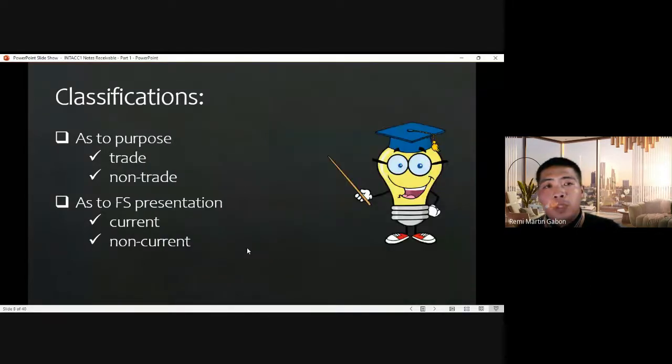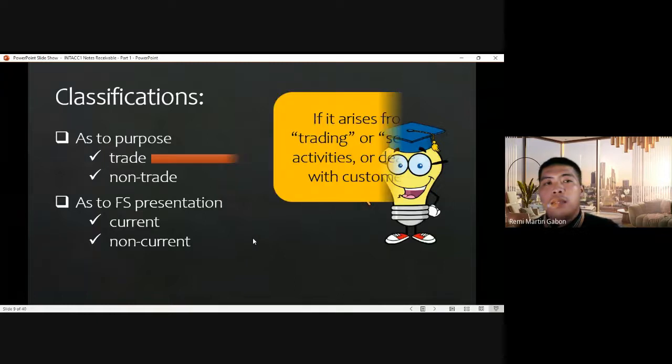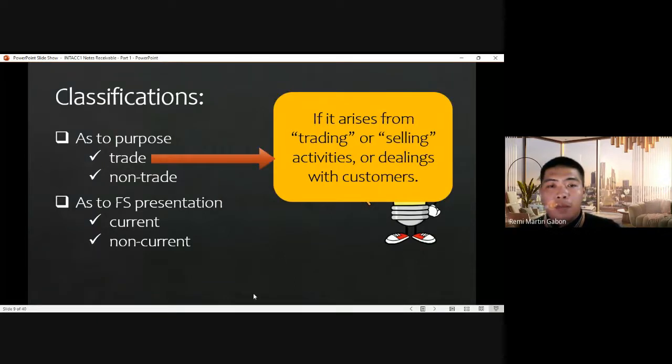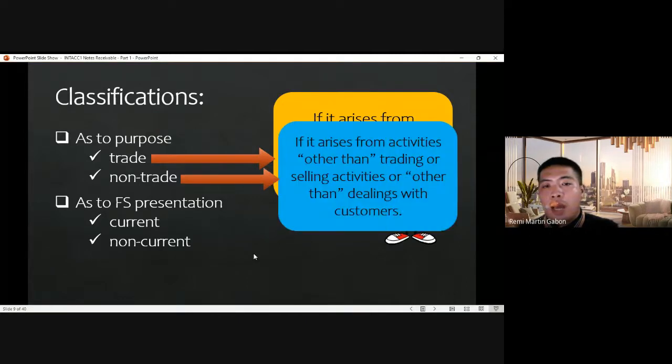Next, as to purpose, we can have it trade or non-trade. Trade if it is coming from selling, trading activities, or dealings with customers. And generally, dealings with customers. Or we can have it non-trade kapag other activities other than selling activities or other dealings with customers.